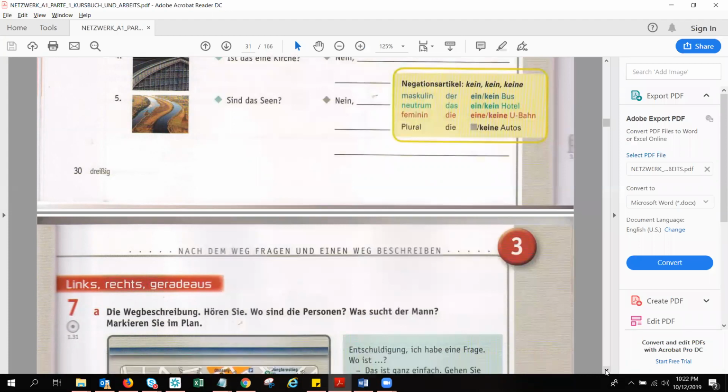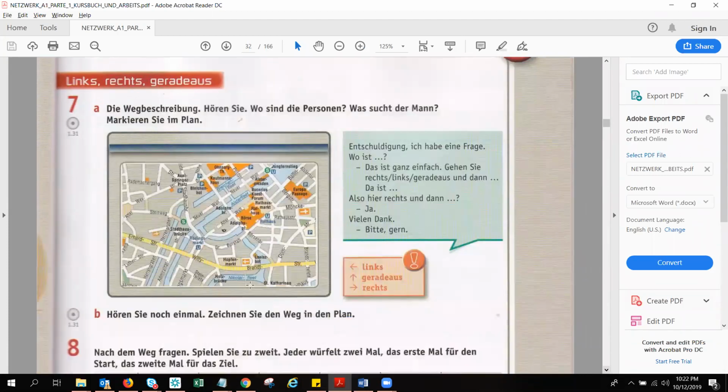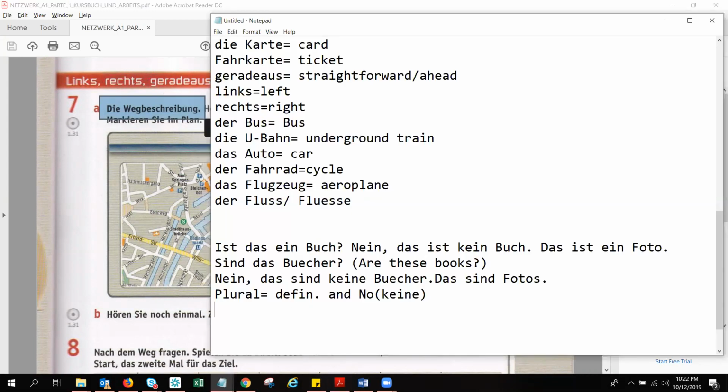So next is, as we have done, links, rechts or geradeaus, left, right or ahead, straightforward. So how we can ask or how we can tell the way, die Wegbeschreibung. Weg is a word and Beschreibung is another word.